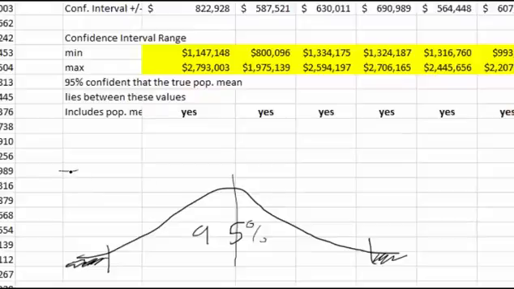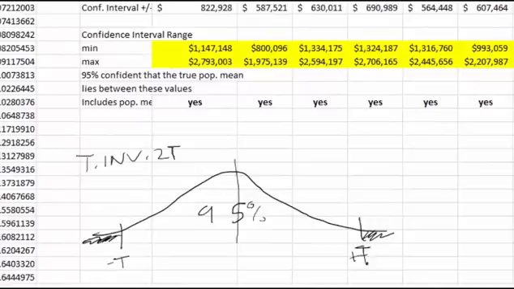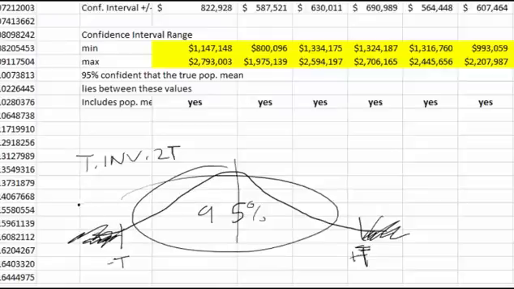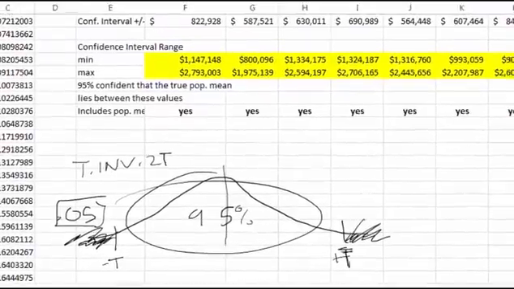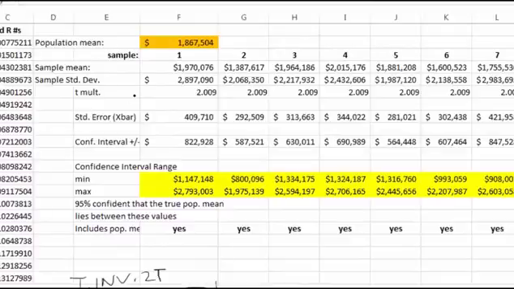The t dot inverse dot 2t gives us the t score, minus t and plus t, that cuts off that probability. So if we're trying to capture the middle 95%, we're going to cut off the outer 5%. I need to put the 5% in my t dot inverse calculation, not the 95%.